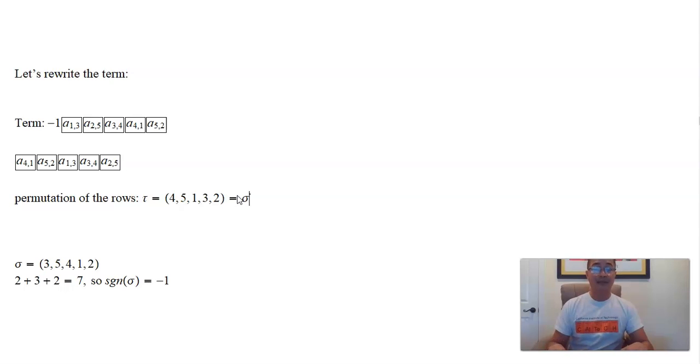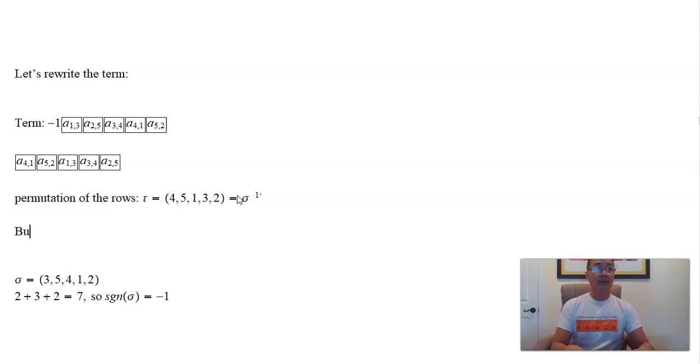That tau is simply sigma inverse. And what did we say in the last video? We said that the sign of sigma inverse is exactly the same as the sign of sigma.